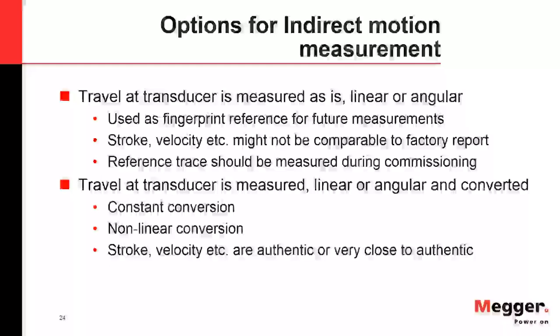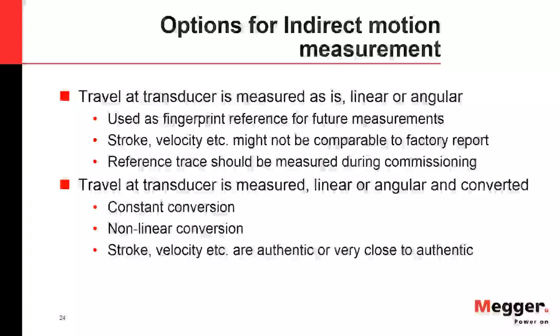But if you're just doing an indirect measurement and you don't have conversion tables, you don't have any of that stuff, your strokes, your velocities, these might not be comparable to the factory test reports. So if you do this, like I said, you want to make sure you're doing this in the beginning when you know that circuit breaker is in good condition.